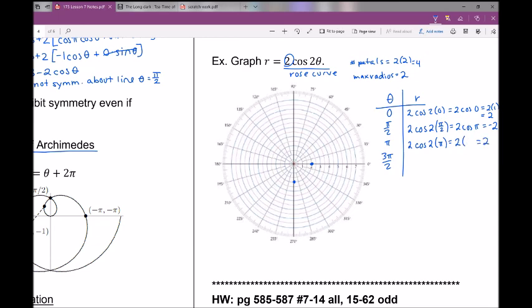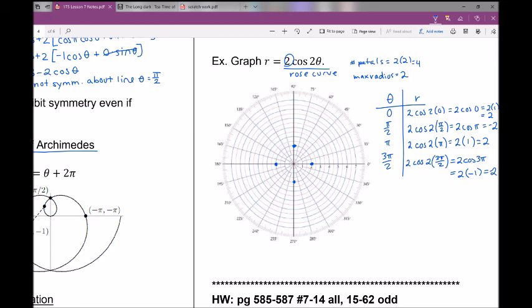So we go out to the circle of radius 2 and around an angle of pi. And then finally, we have 2 times the cosine of 2 times 3 pi over 2, which is 2 times the cosine of 3 pi, which is 2 times negative 1, which is negative 2. So we go to the circle of radius 2, but in the negative direction, and we go around 3 pi over 2 up to the top there.